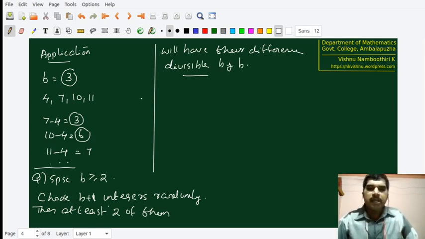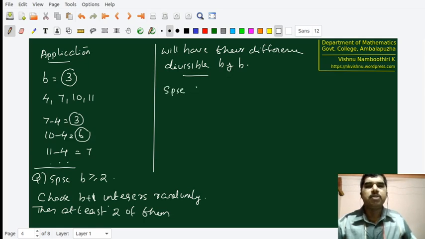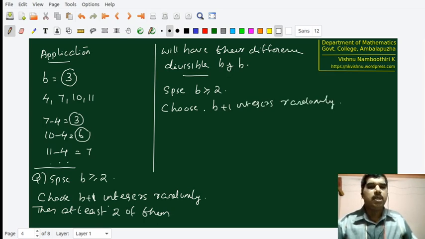As I told in the beginning itself, we are going to make use of the pigeonhole principle and the division theorem for verifying this fact. Suppose b is, as given in the question, greater than or equal to 2, and choose b plus 1 integers randomly, and suppose that these integers are a1, a2, etc., a_{b+1}.